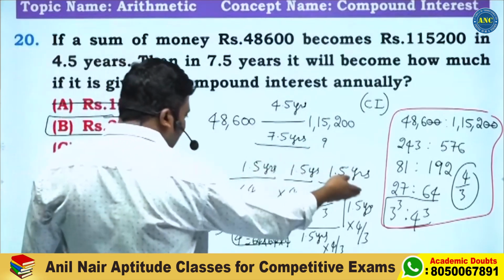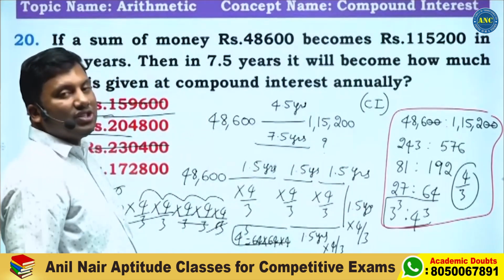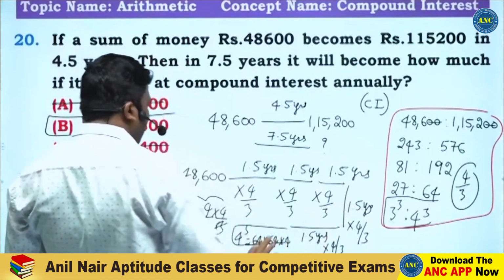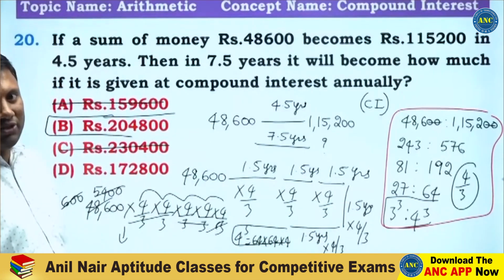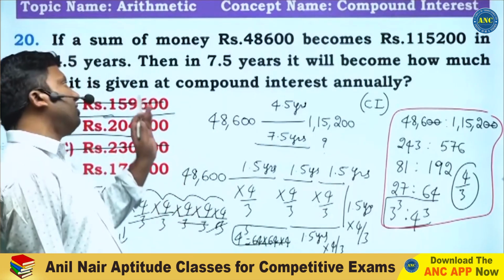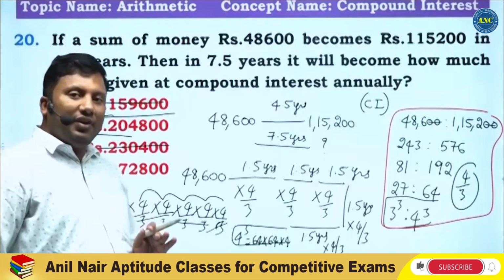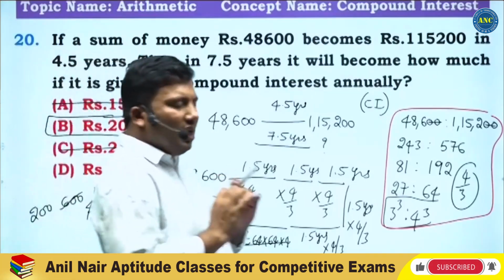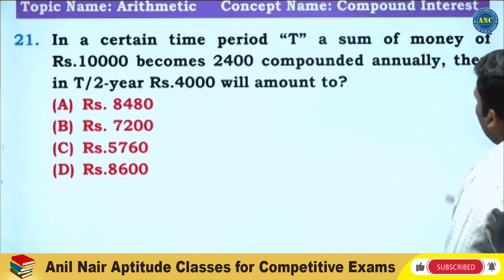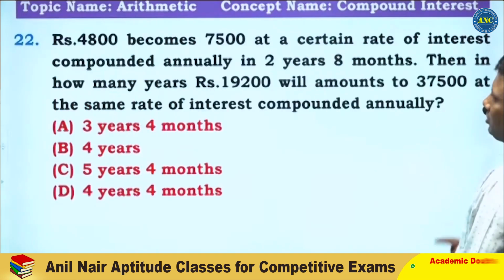After 4.5 years, 3 years means extra 1.5, 1.5 into 4 by 3 into 4 by 3. I hope the idea is crystal clear to you. Do not fear just by looking at the number of years. It's a very easy question if the scaling factor concept is clear to you.